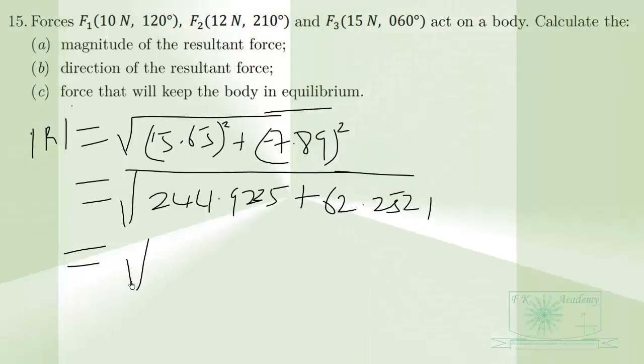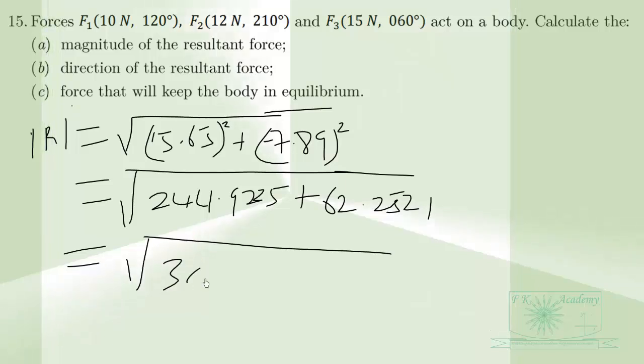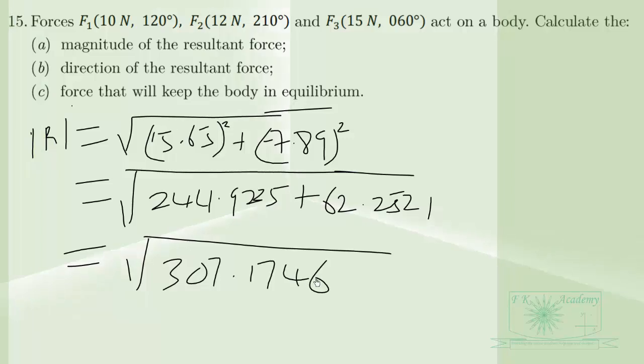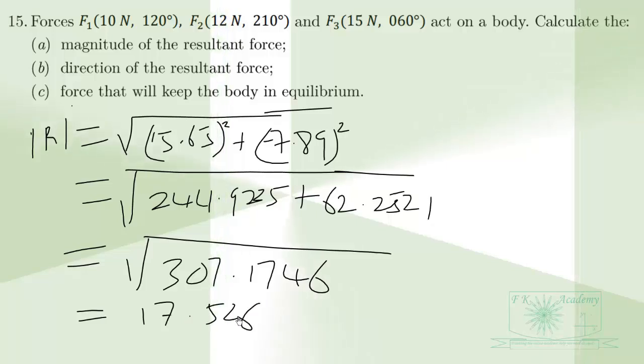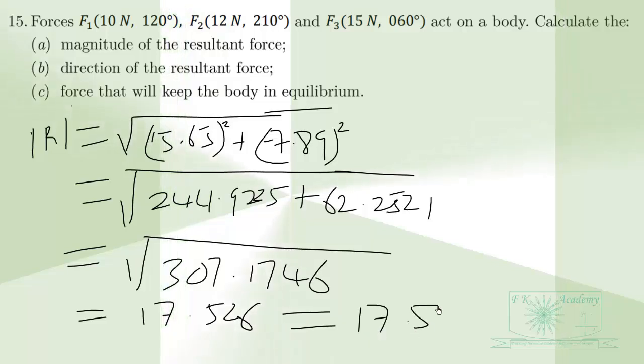This will give us the square root of 307.1746, and that will give us 17.526, which is 17.53 newtons. So that is the magnitude of the resultant force.